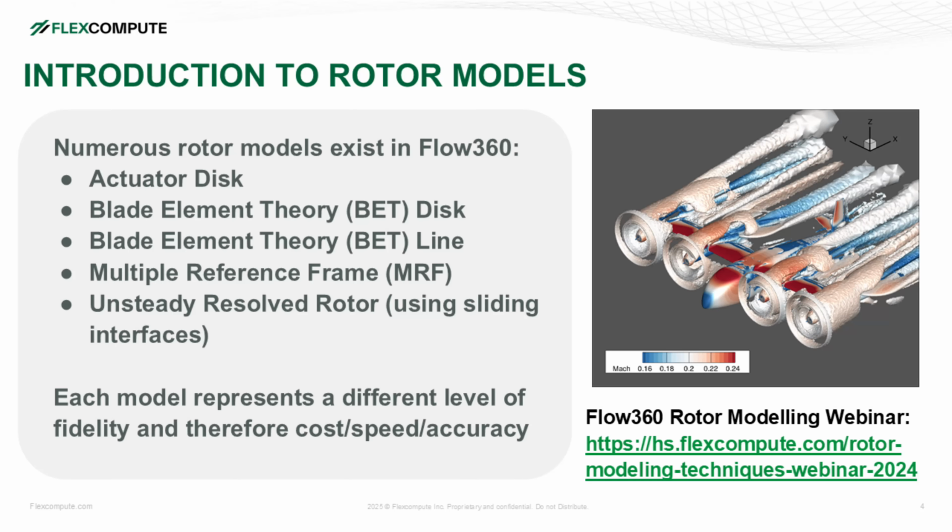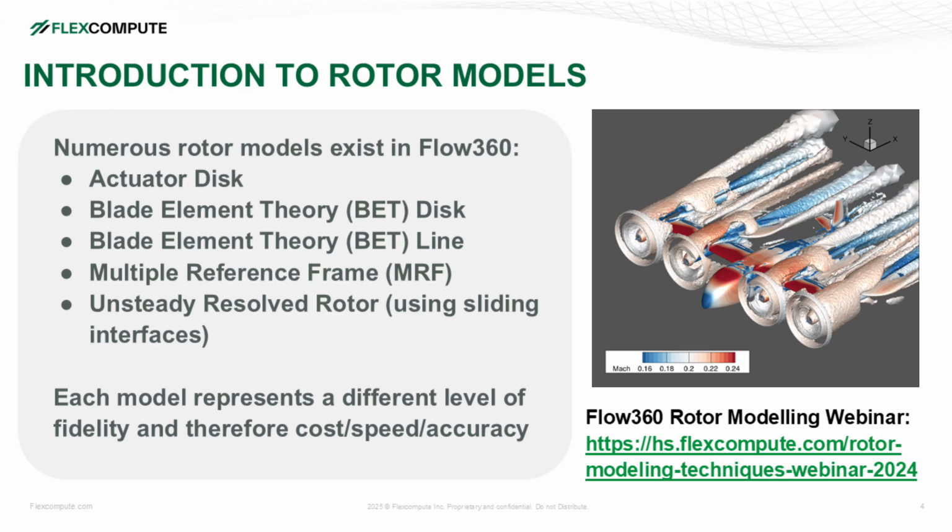Now let's jump in. Flow360 supports 5 rotor model options, spanning a wide range of fidelity. The lowest fidelity option is the actuator disk model. Next are blade element theory disk and blade element theory line. The BET disk formulation is steady, while the BET line formulation is unsteady.